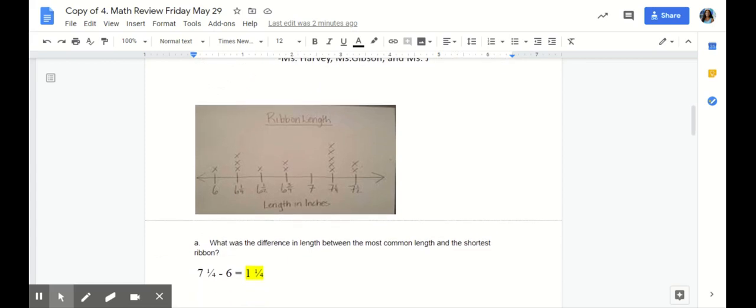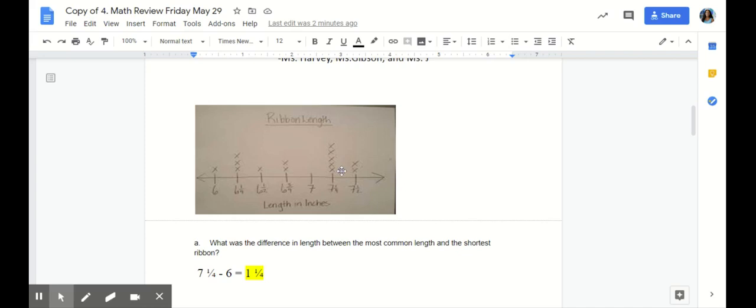A is asking us, what was the difference in length between the most common length and the shortest ribbon? So looking at the line plot, which length was the most common? Right, 7 1/4.